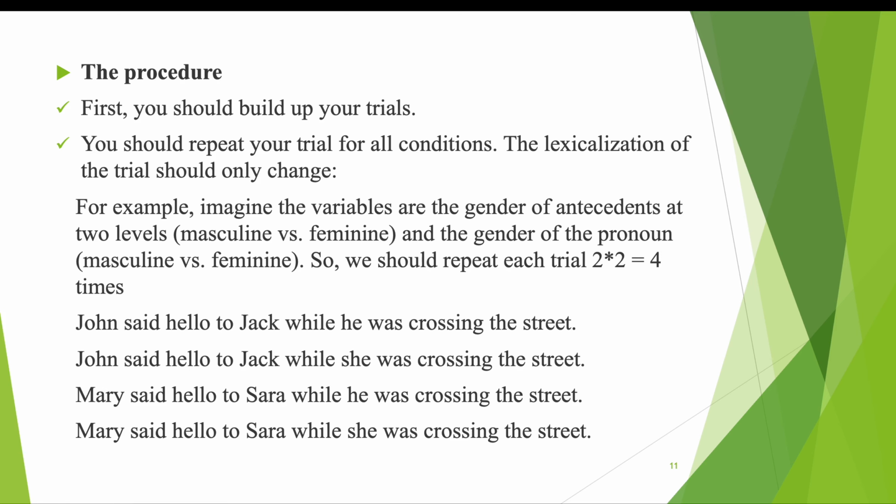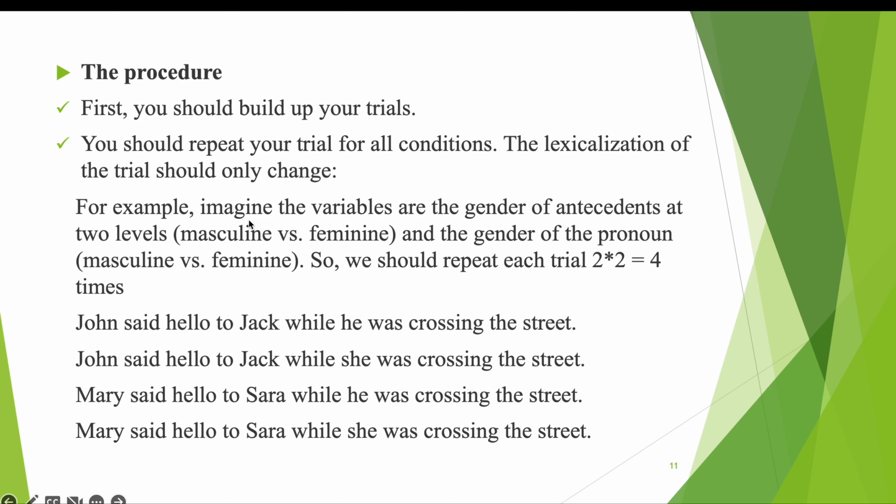The only thing that should change is the lexicalization of the trial, which we will explain in just a second. So after building up your trials, you should repeat the trials for all conditions. So you should know how many conditions you have.